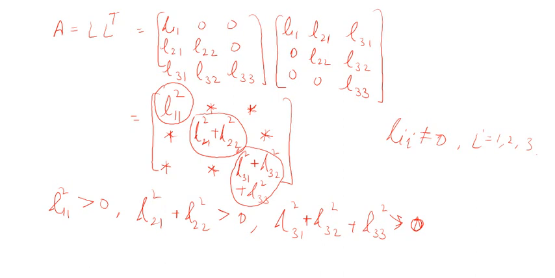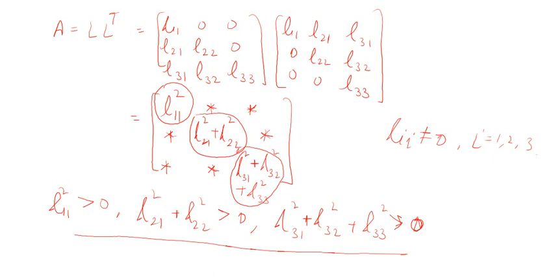Irrespective of whether the value of L21 is 0 or non-zero, L31 and L32 may or may not be 0, but we are sure that the Lii are non-zero numbers, so the square is always strictly greater than 0. So diagonal with positive diagonals.